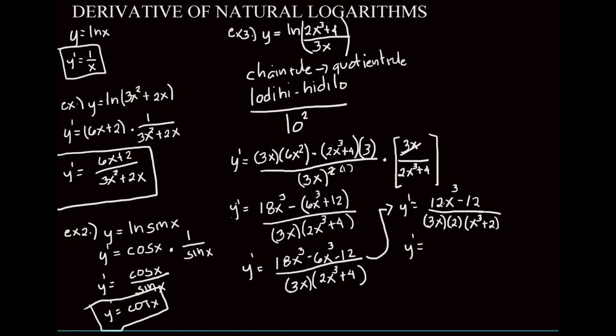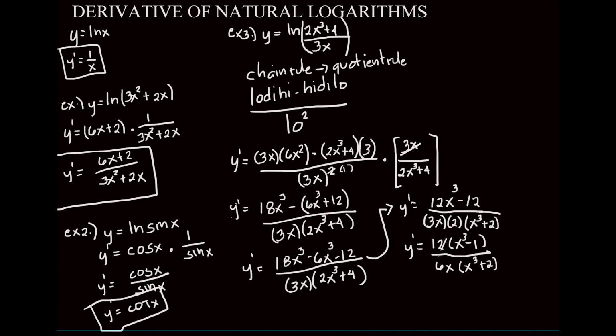So guys, that's 12x cubed minus 12. Naturally, the common factor is 12, so we factor out our 12. This will just give us x cubed minus 1, right? All over 3x times 2, that will just give us 6x multiplied to x cubed plus 2.